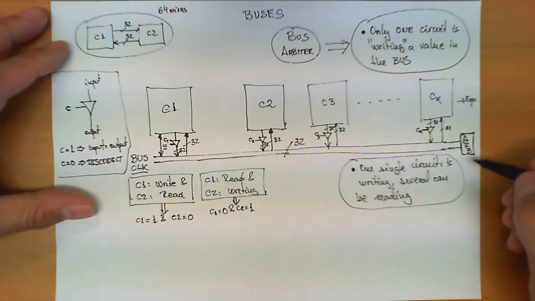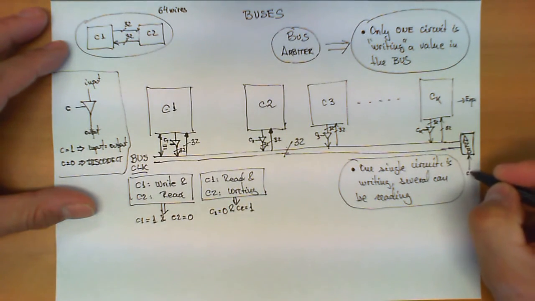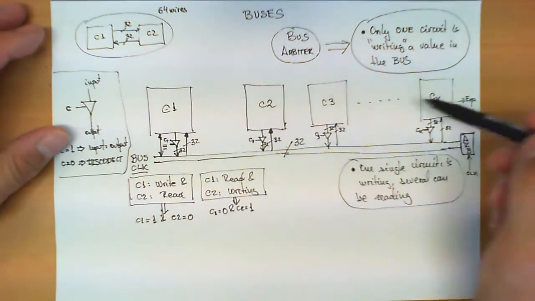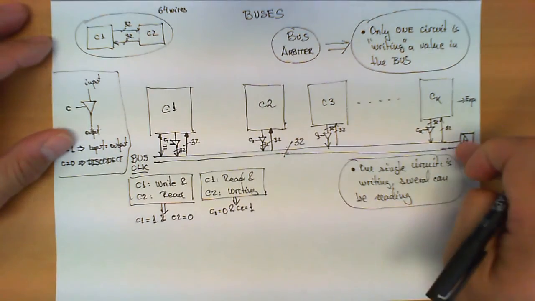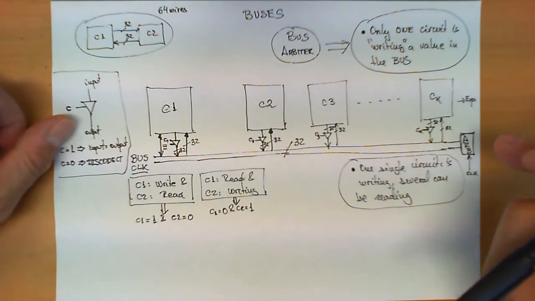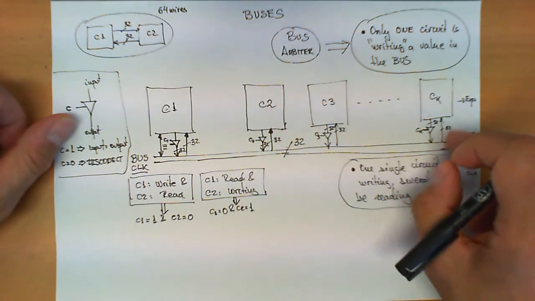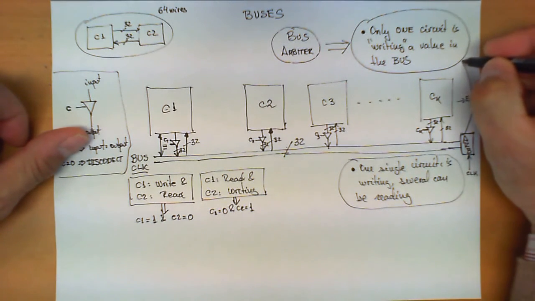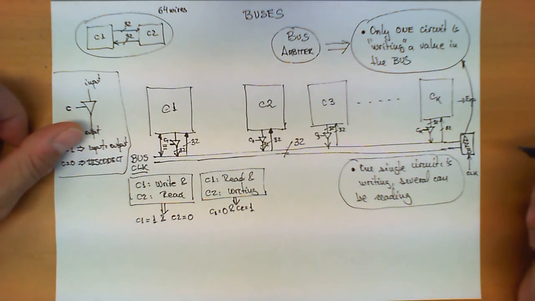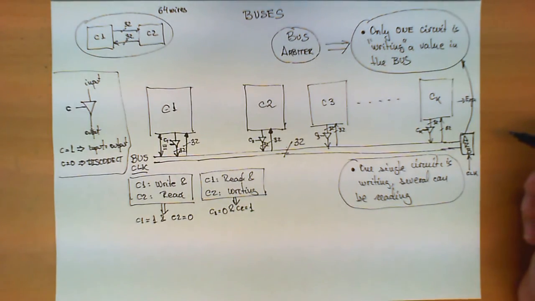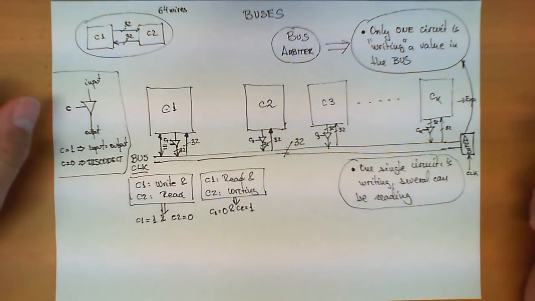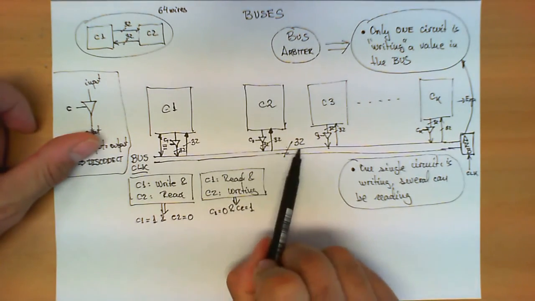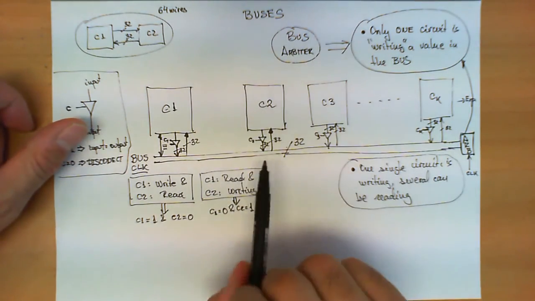The clock, which is also used by the arbiter, allows all these circuits to make requests to the arbiter to write a value in the bus, and the arbiter will grant those requests on a one-by-one basis so that this rule over here is always enforced. So this is the advantage of the bus to communicate several circuits and to make sure a large number of bits can flow between different units.